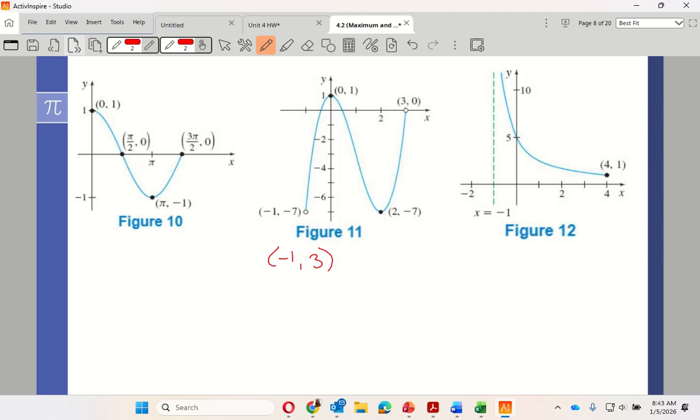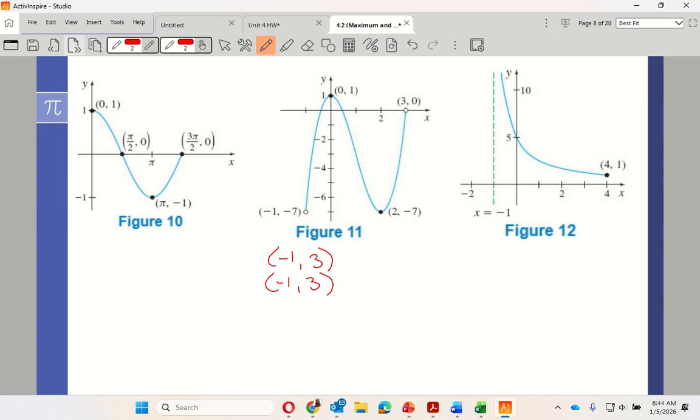All right. What was after domain? Is it continuous? Yes. Okay, from -1 to 3. What came after that? Absolute maximum and absolute minimum. So absolute max is going to be 1.